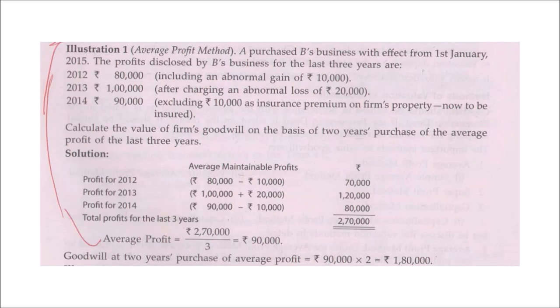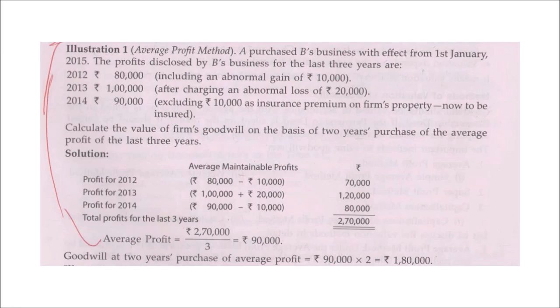The next year, an abnormal loss of rupees 20,000 is there. What you have to do? You will have to add back the amount of rupees 20,000 along with the given profit of rupees 1 lakh. Now the year's profit is 1,20,000.